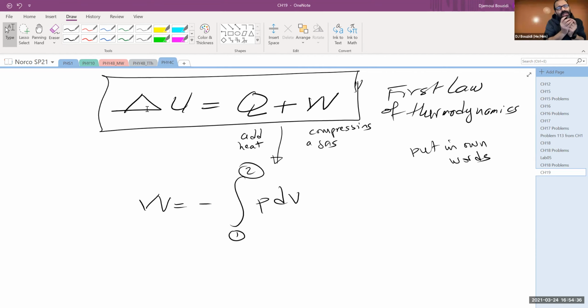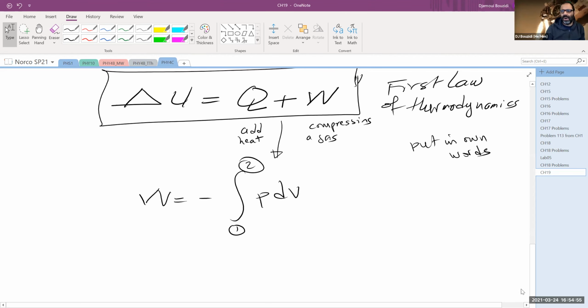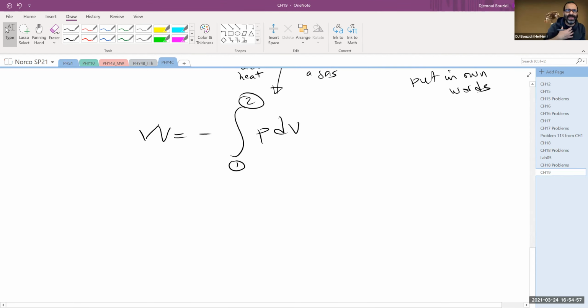If dV, on the other hand, is positive, that means the gas is expanding, the gas has increased in volume. Then its negative is going to be negative, and in this case it's going to be a loss in energy. So it's natural to explain it this way with a loss and gain, rather than having to define work from the vantage point of the external environment.